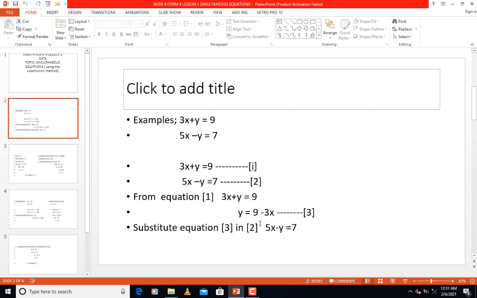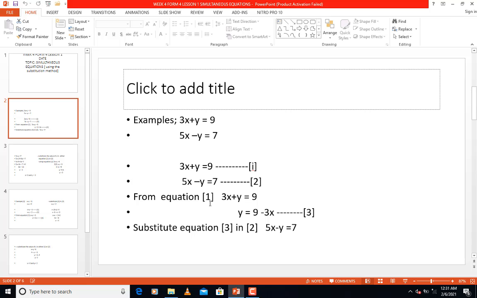The next step now is to substitute equation 3 in equation 2. Then you write equation 2 in front. Let me go back again. If you use equation 1 to make equation 3, then in the substitution you are going to substitute in equation 2.